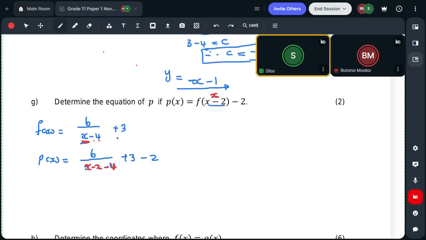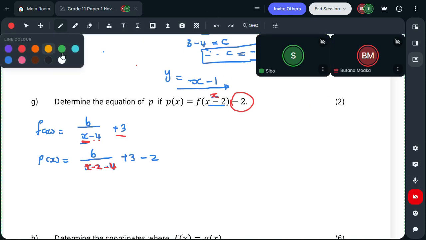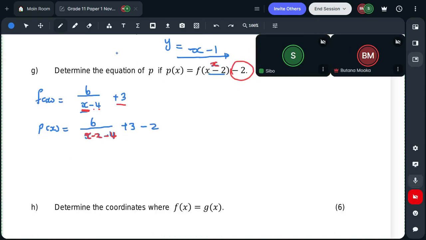Then from this plus 3, you subtract 2. So it's going to be plus 1. You get it? Yeah. So what will be p at x? The equation of p at x will be 6 over x minus 6, then plus 1.